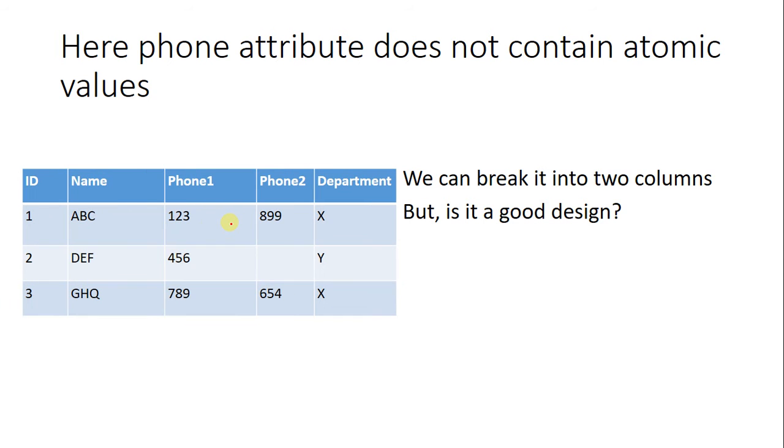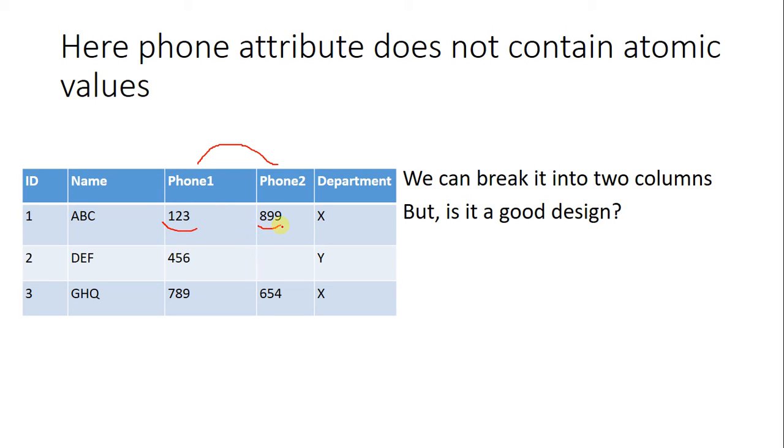A second approach may be that instead of adding new rows, you can add new columns. So instead of just one column of phone, we add another column, phone 2. Now we have two columns, phone 1 and phone 2. The first phone number will be written in the first column and the second phone number will be written in the second column.